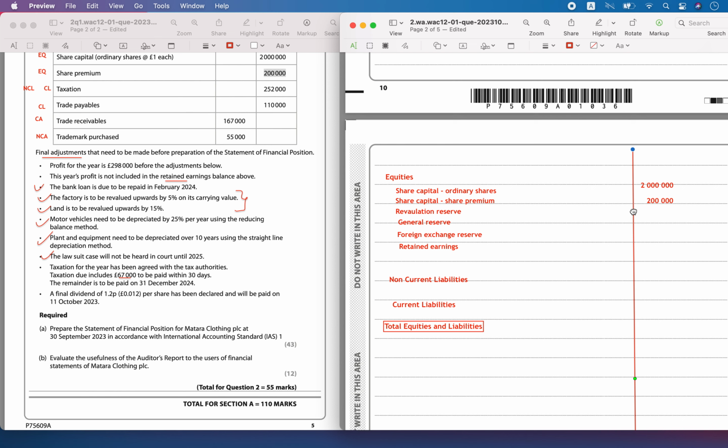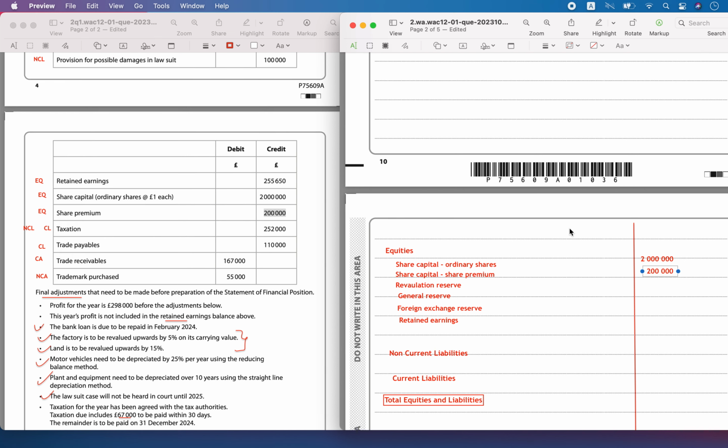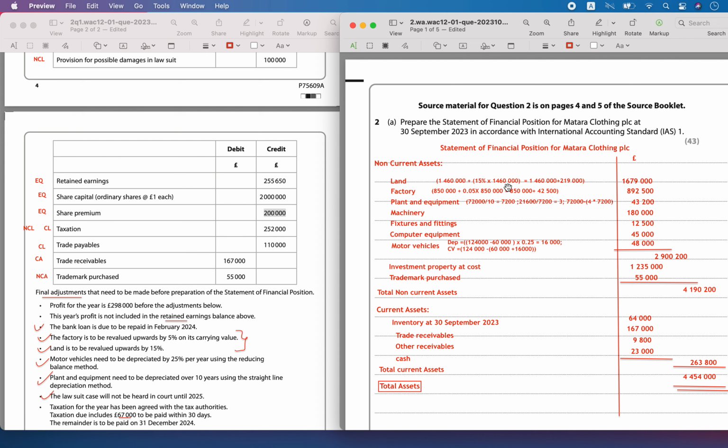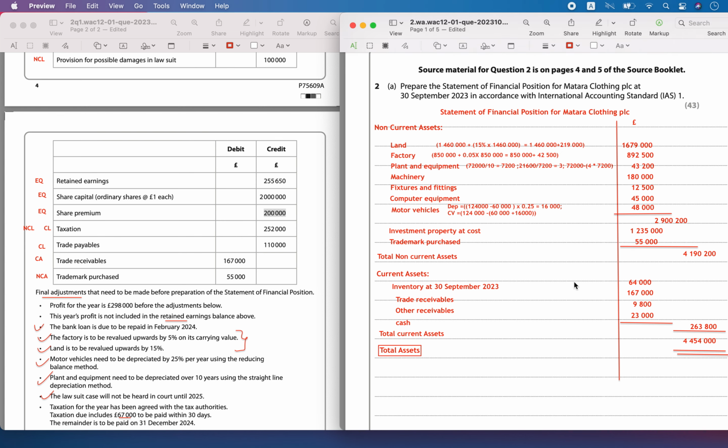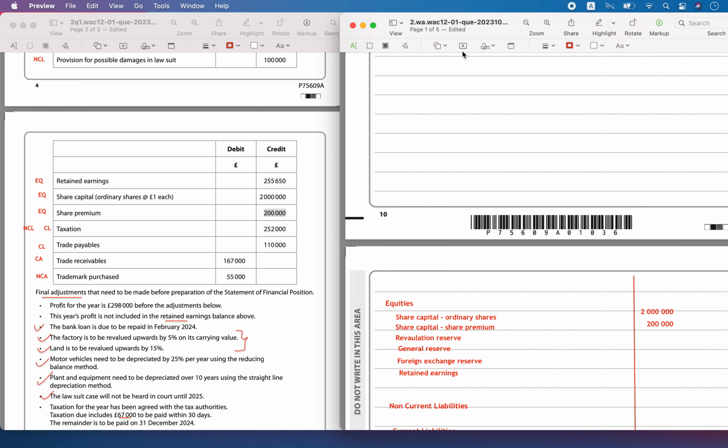And for the revaluation reserve, it was calculated in the previous year: revaluation of the factory 42,500, and then the revaluation of 219,000. These two together you have to add to get the revaluation amount.